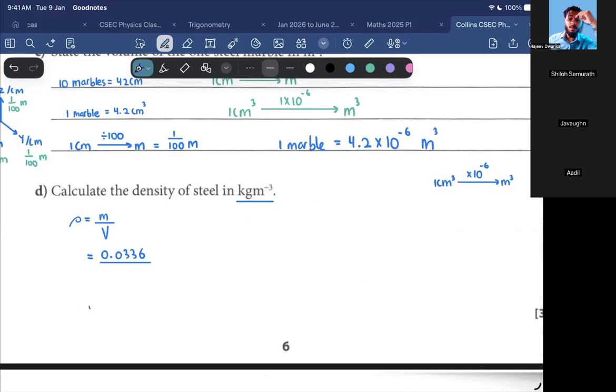Sir, 4.2 times 10 to the negative 6. Good, because we want the volume in meter cube. Alright, so plug that into your calculator and let me know what you're getting.